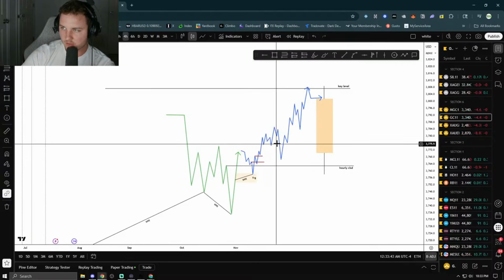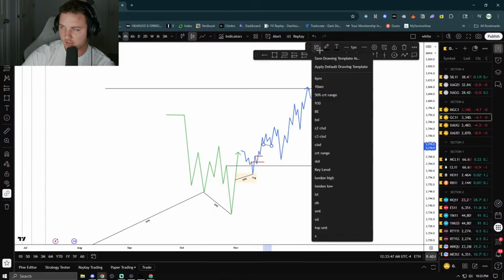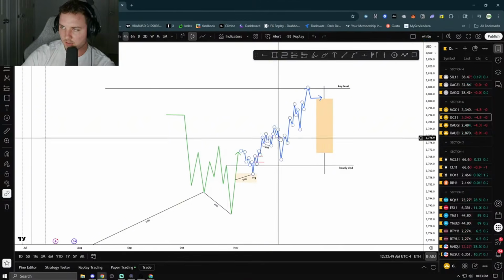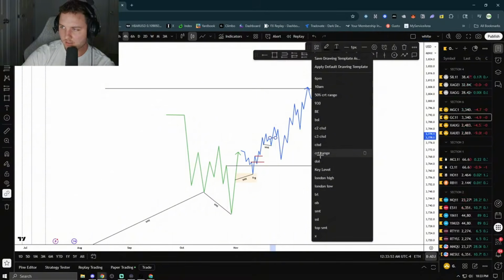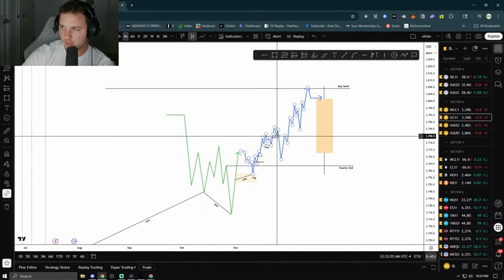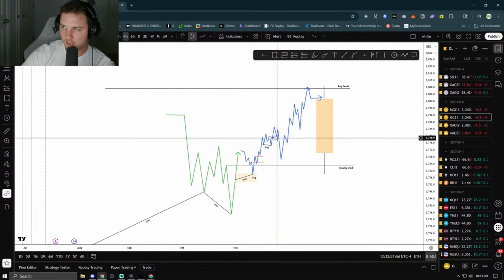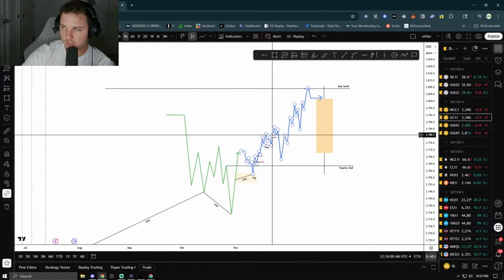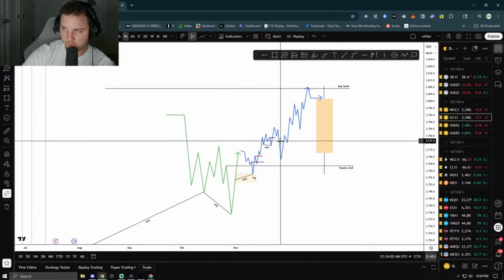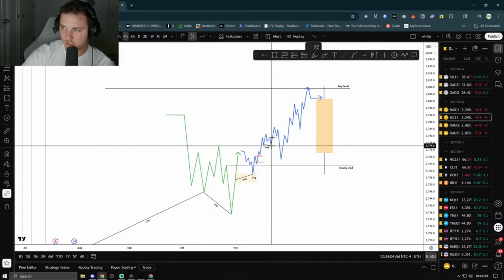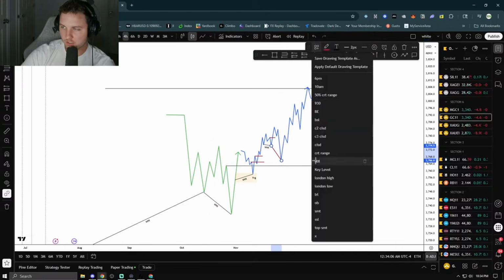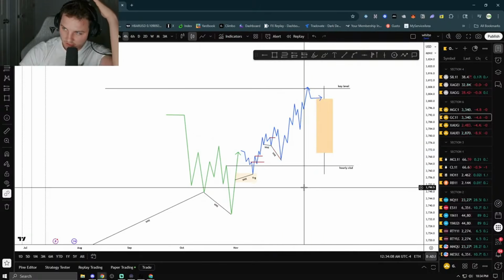And then 10 o'clock. We get a little SMT here. Our little CISD here. Comes back. Let's say the hourly opens high, manipulates, creates another SMT. So let's say stage 2 internally.